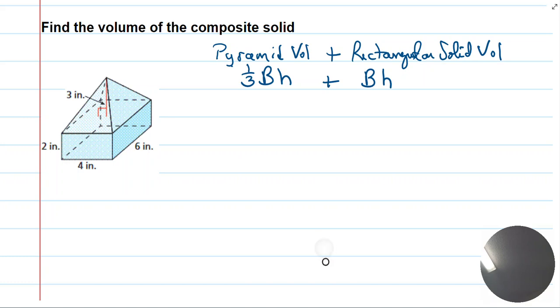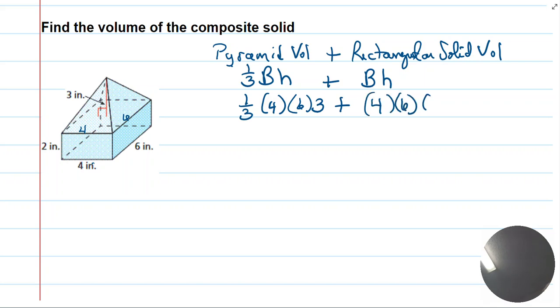Does everybody see where I got those numbers? Everybody understand where I got them? Because this is 6 and this is 4 for the base. Is everybody good? All right. Now the base for the bottom is 4 times the 6 times the 2. And that's because the height of the rectangle is 2. Okay.